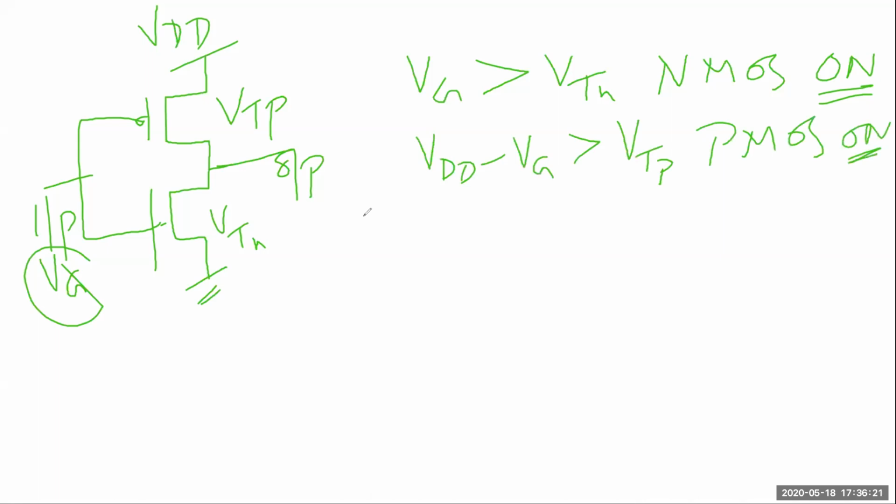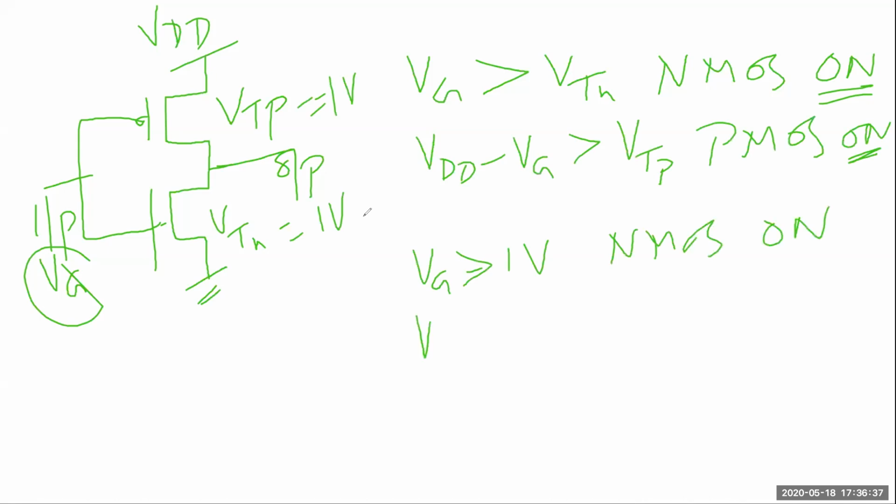So the thing is, if this is 1 volt, what I'm saying is if VG is greater than 1 volt, your NMOS is on, and when your VG is greater than 4 volt, then you will say your PMOS is... no. So VG is less than VTP.